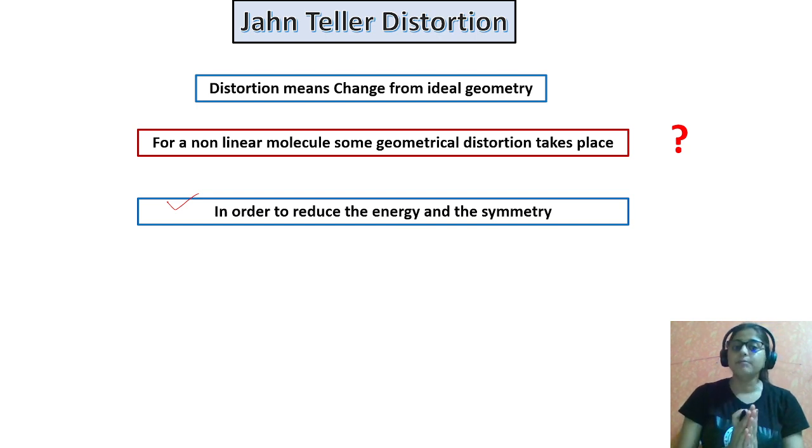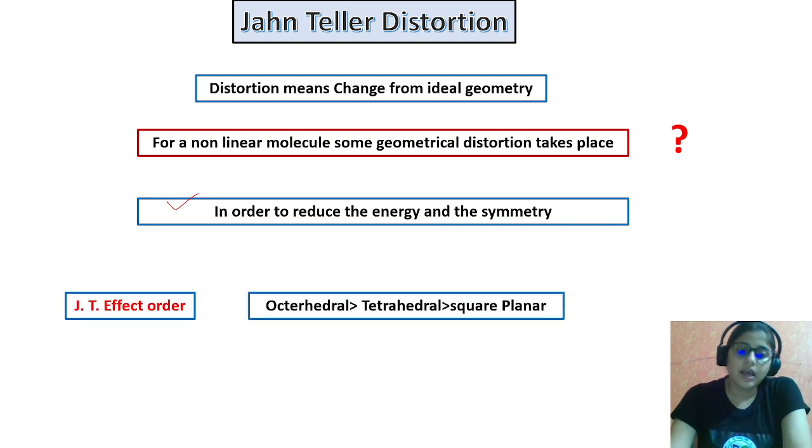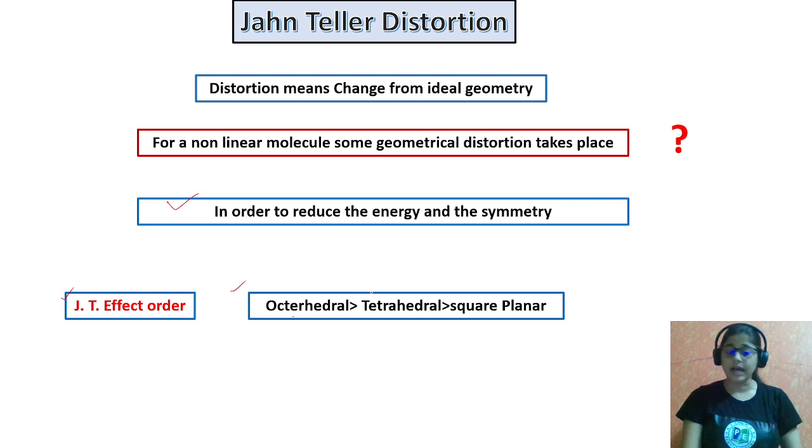So the main purpose of the system is to go for a more stable structure. That is fine, right? One important thing I want to tell you here is that the JT effect, this John Taylor distortion effect, is in this order: the octahedral has the highest order, then tetrahedral, then the square planar. Generally in this topic, we will take the octahedral complex, and that will be helpful for understanding this topic.